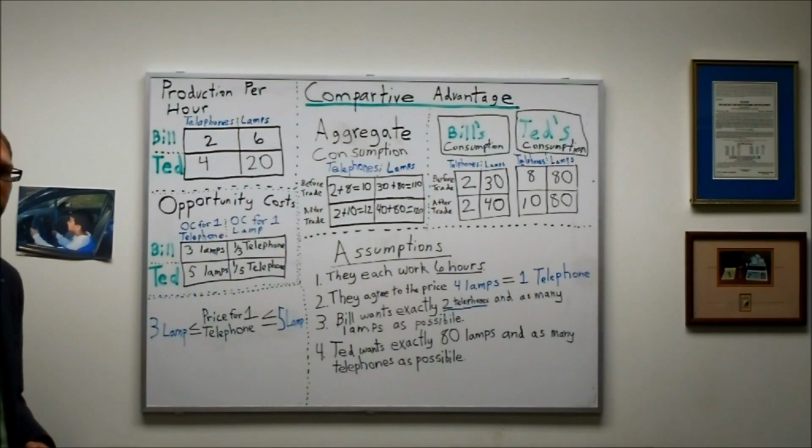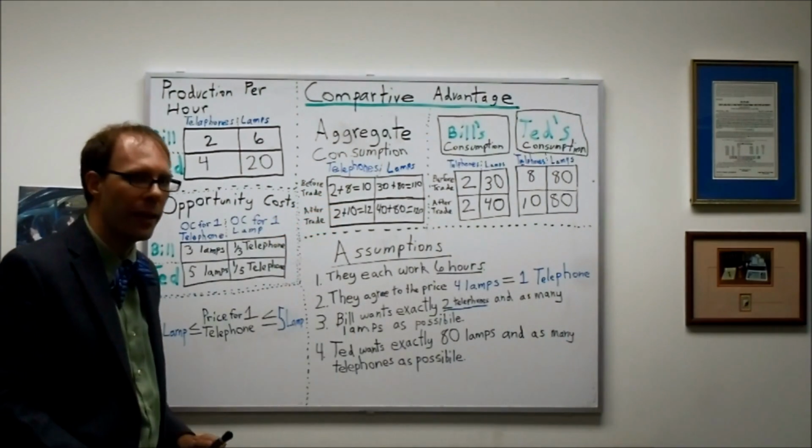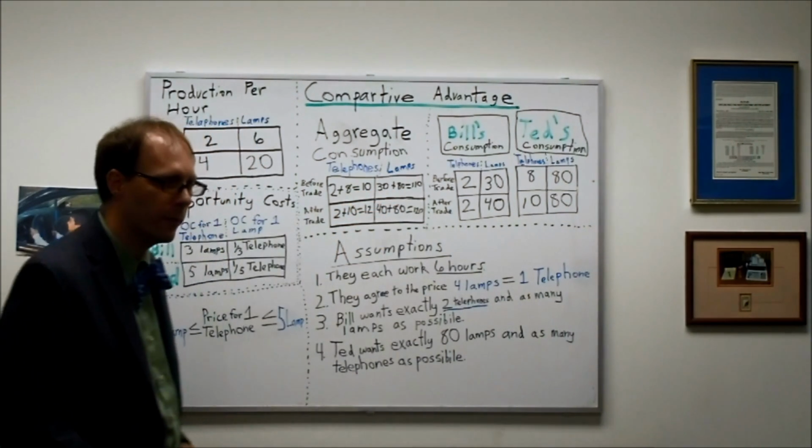What do we see? We see after trade, society has consumed and produced more telephones, 10 versus 12, and more lamps, 110 versus 120.